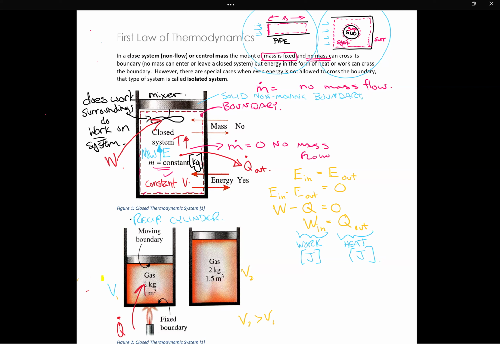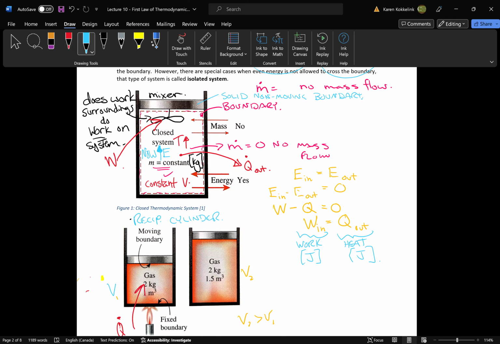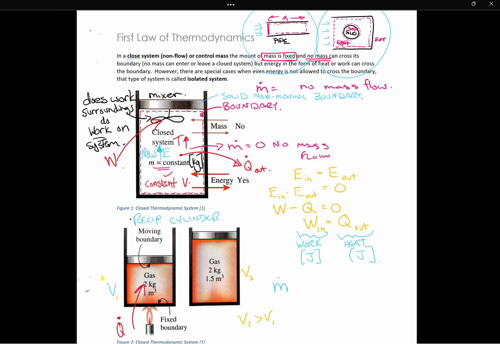What is that heat doing over time? It looks like we kept the same mass. Mass didn't change. This is m dot equals 0, no mass flow. So if this is a mass of gas, this mass of gas looks bigger, must be heavier, right?